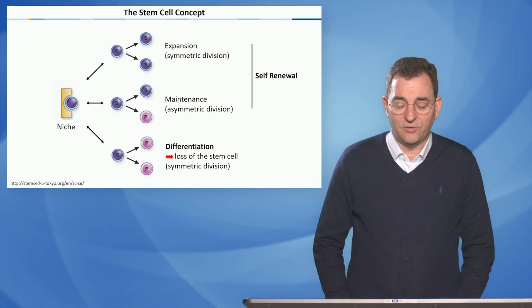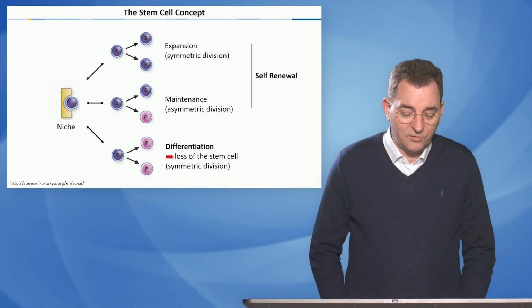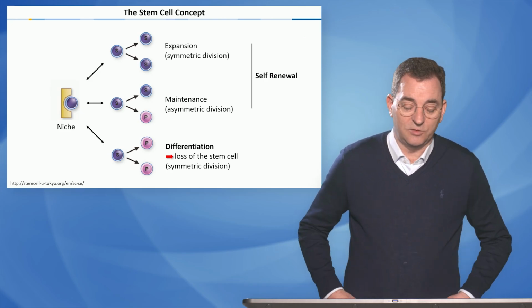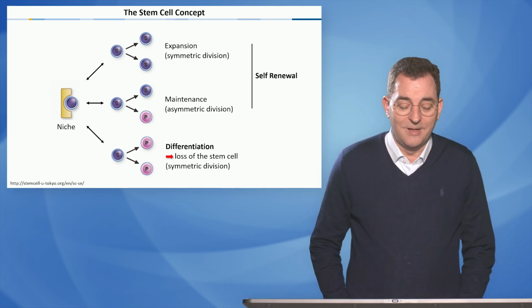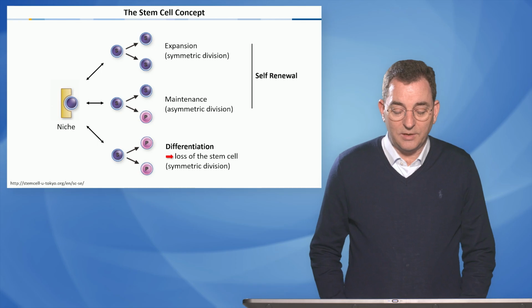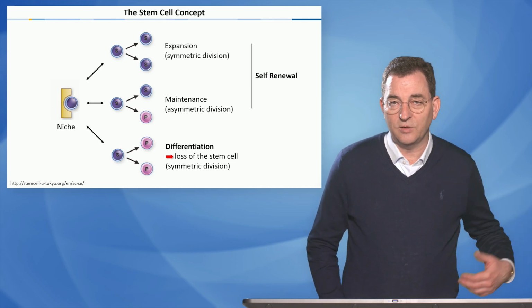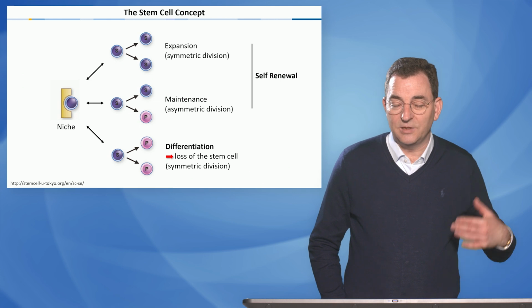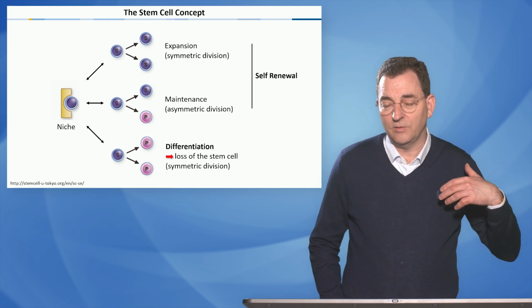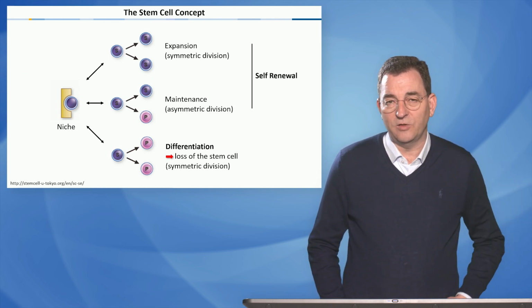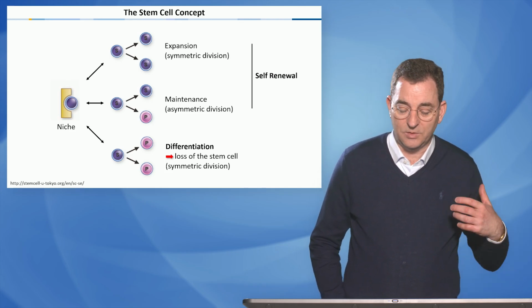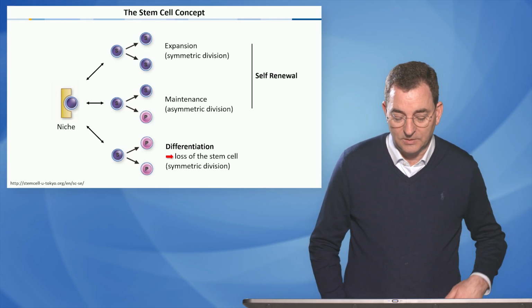So what is a stem cell? Well, you can simply look at this scheme. You have a niche, something which interacts with a cell, which is per definition a stem cell. This stem cell can either produce more of itself, expand by symmetric division, or maintain itself, meaning that one cell stays a stem cell and the other cell differentiates and becomes specialized, taking over a specialized function.